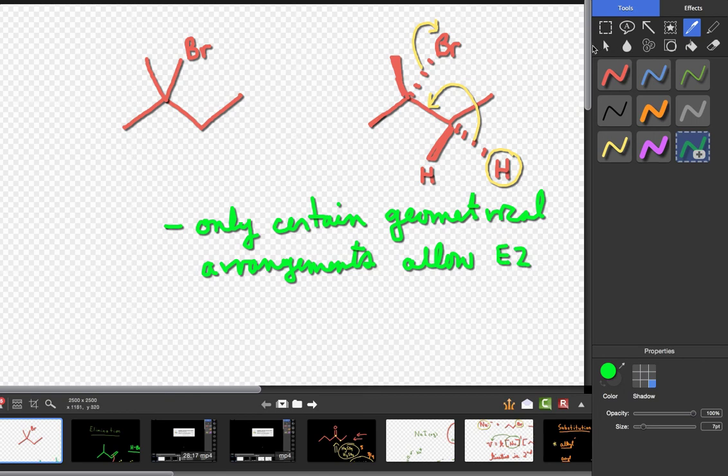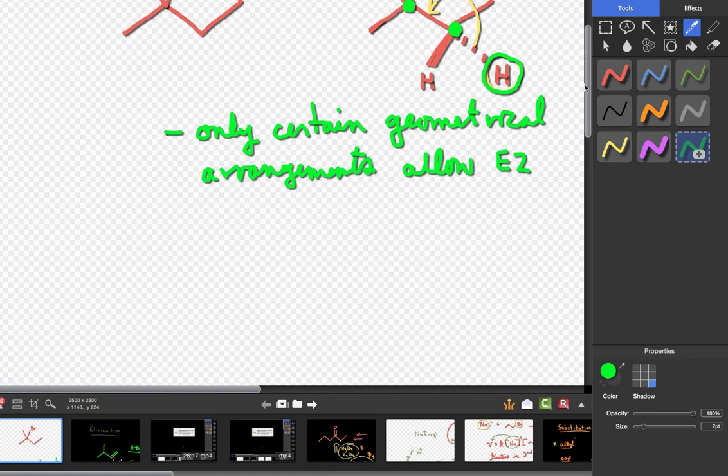Specifically, there are 4 atoms involved in this mechanism. There's the leaving group, there's the hydrogen that is implicated in the proton transfer, and there are the 2 carbons that will eventually form a carbon-carbon double bond.